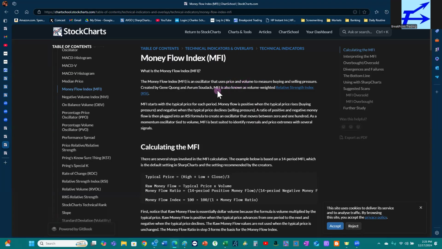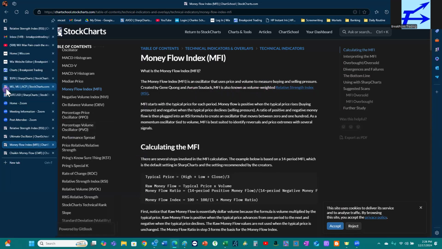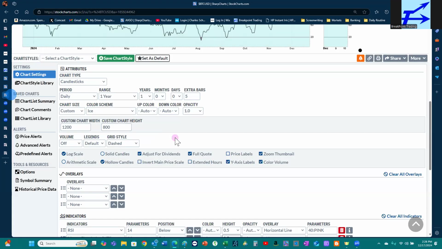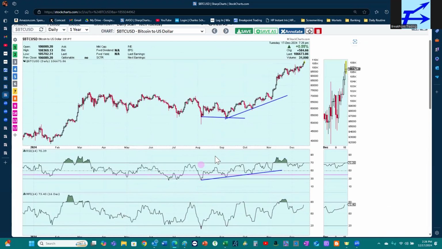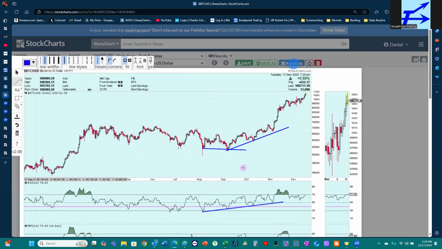And down here is a great description of it. MFI is also known as the volume weighted relative strength index. And in some ways, it actually is a better way of looking at things. As you can see right here, if we compare it to the RSI, which is above it, you can still see the divergences.